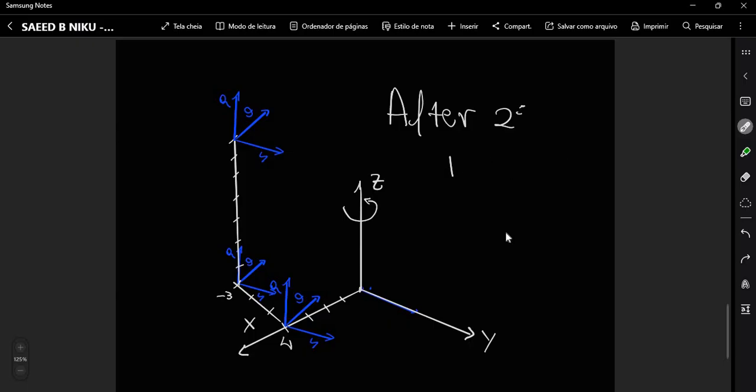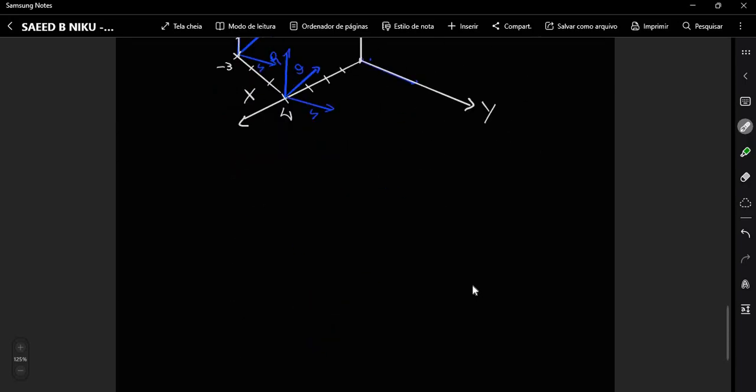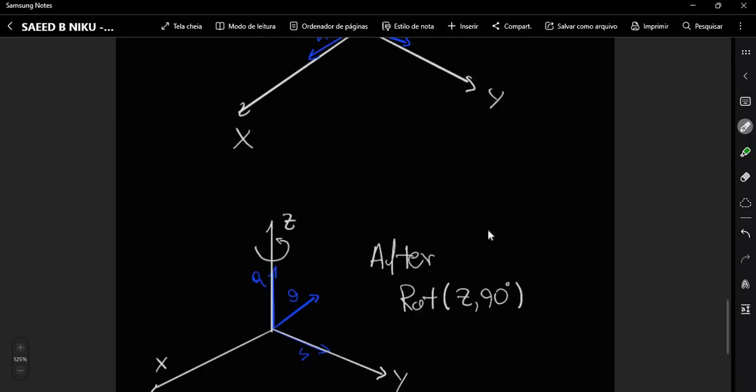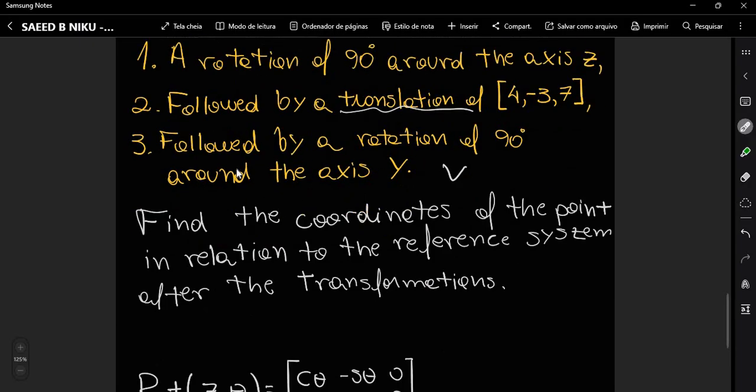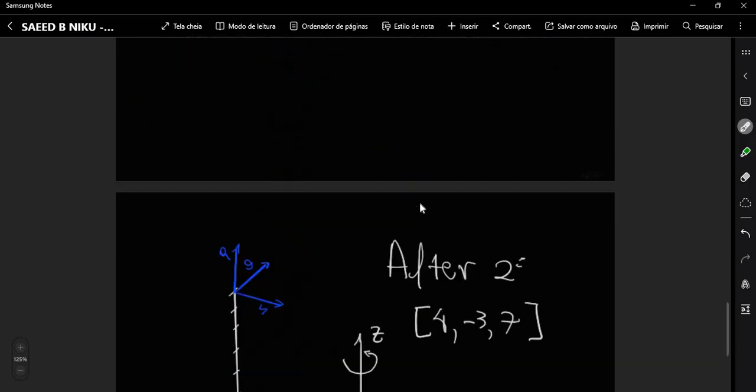After translate 4, minus 3 and 7 units. And now applying the last transformation, 90 degrees above the axis Y.